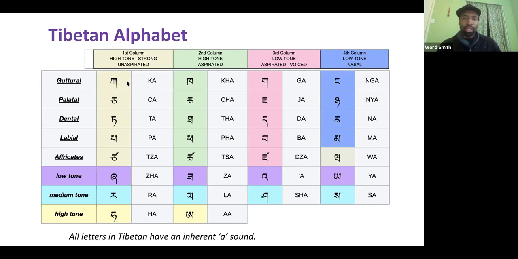And when you look at either of those, you're going to say ka. Okay? So second column, aspirated. Ka, cha, ta, pa, za. First column, unaspirated. Ka, cha, ta, pa, za.